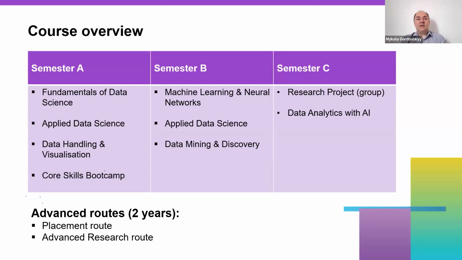For 8 weeks, they will work on some machine learning or AI project, and then at the end they will present their new model in class during an in-class viva. In parallel, during the third semester there will be a data analytics with AI module, an advanced module focused specifically on how to use and understand the usage of artificial intelligence in solving data problems.